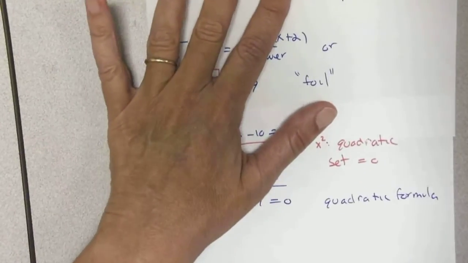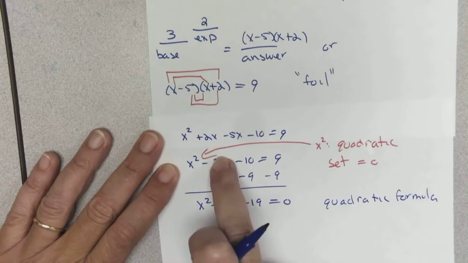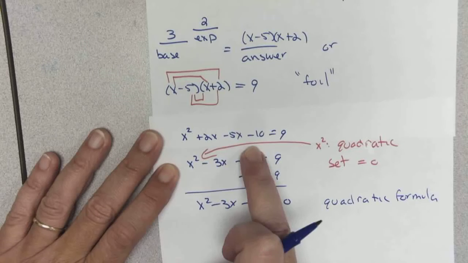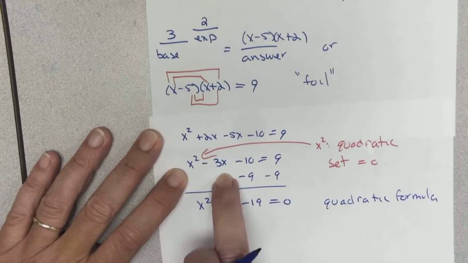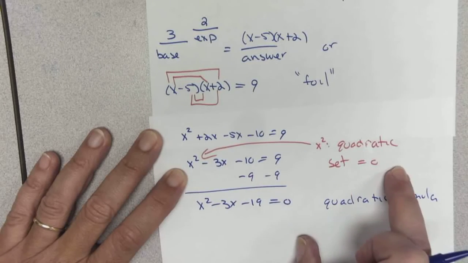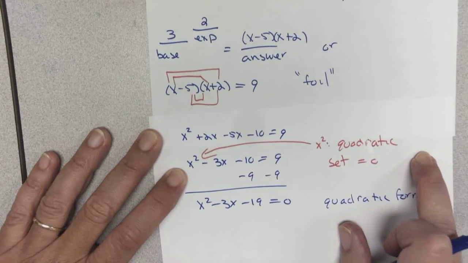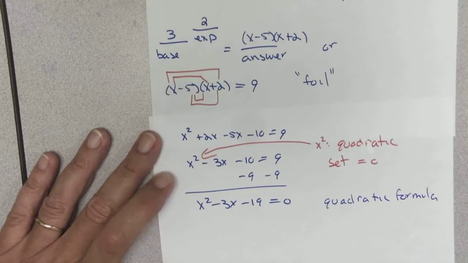Oops, you can't see what I've been doing. Okay, so we FOILed it out. Got x squared plus 2x minus 5x minus 10 equals 9. Then I combine like terms, so x squared minus 3x minus 10 equals 9. The x squared told me I had a quadratic. Most quadratics are best set equal to 0, so I set it equal to 0.